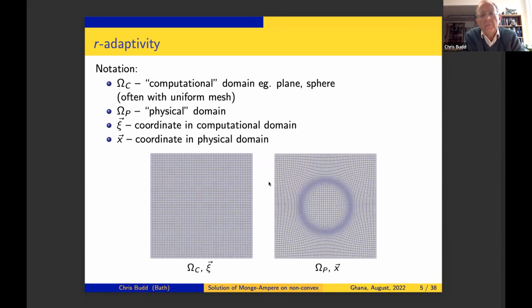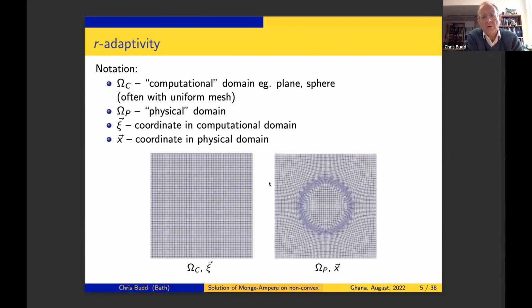And you can see that the mesh is really quite nicely concentrated around the ring. And the way this whole process works is you take what we call a computational mesh in a computational domain, which is regular in every way, and you map that into the physical domain, and the map itself encodes the mesh within it.